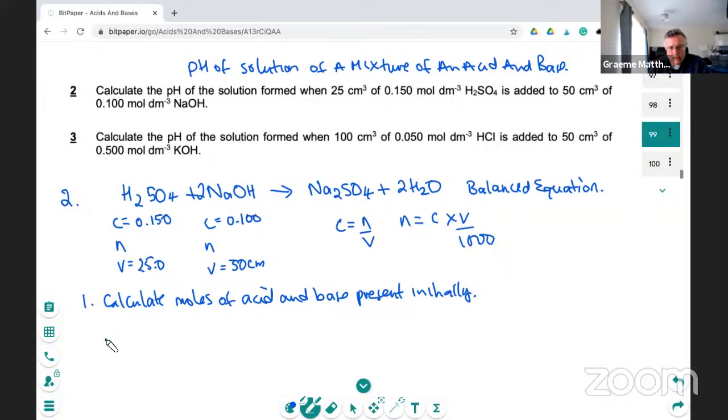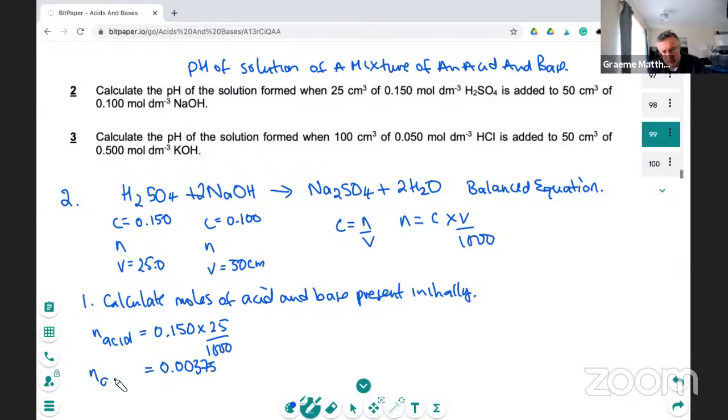So the moles of acid is going to be 0.150 times 25 over 1,000, which is 0.00375 moles of acid.